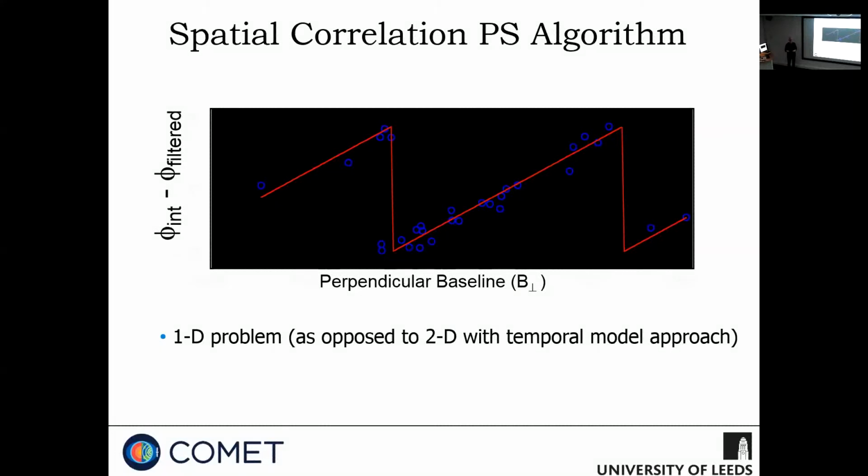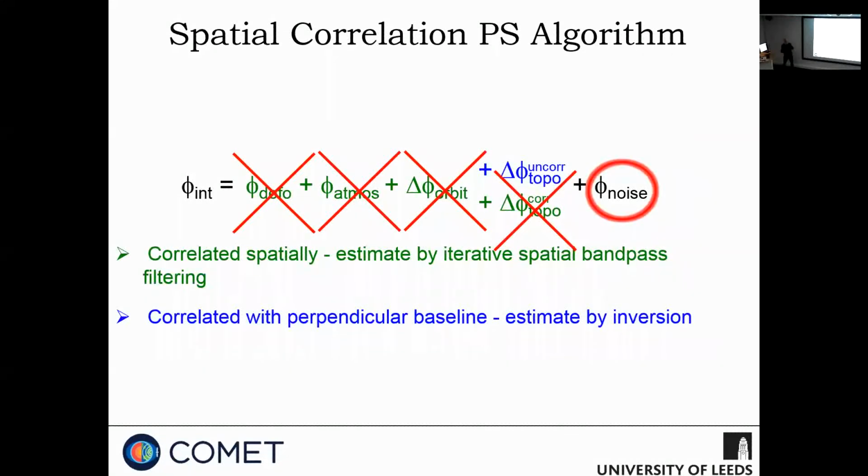And then you go back to your original phase again, which includes the deformation. So how do you subtract it if you don't know what the value of the deformation is? Yeah, you don't know what it is, but the idea is just to subtract everything spatially correlated. So you'll get the deformation and the atmosphere and the orbit. It all gets lumped in together. It's not being separated out.